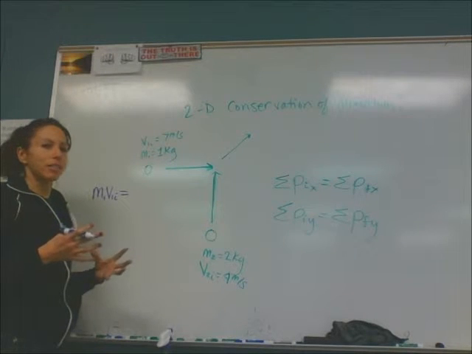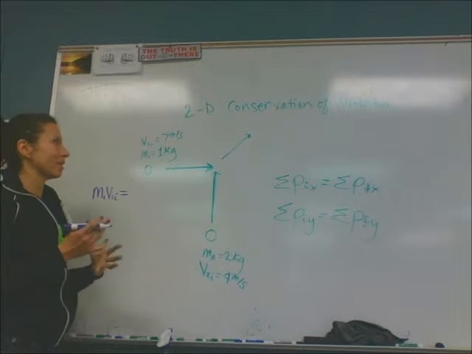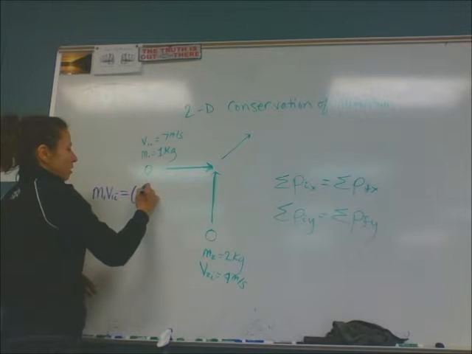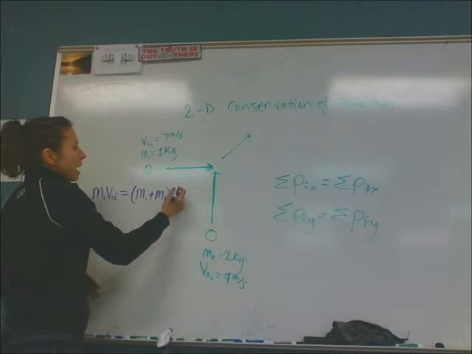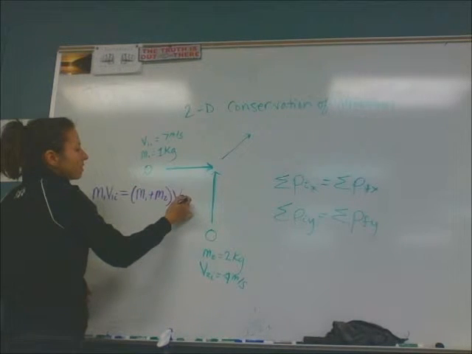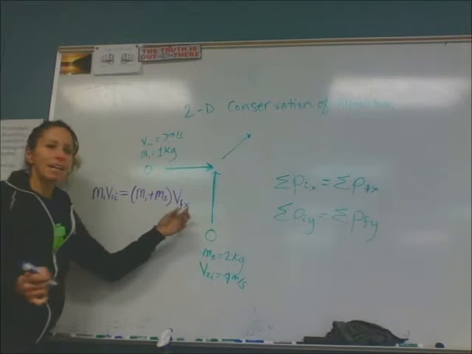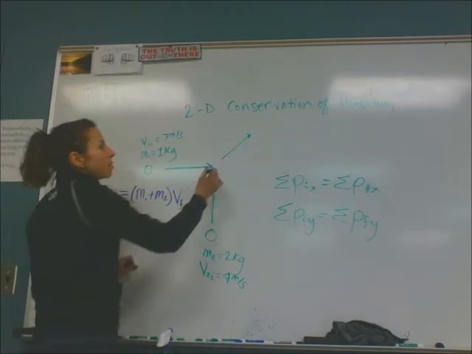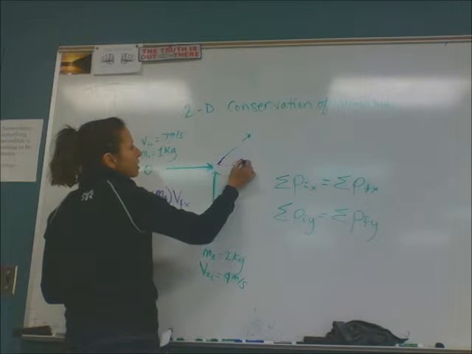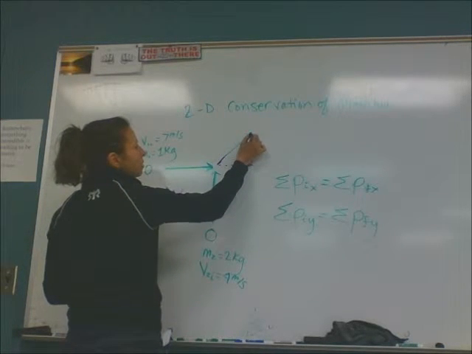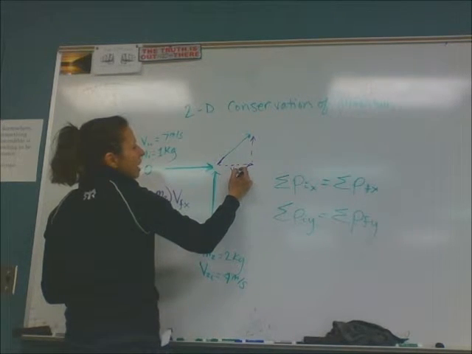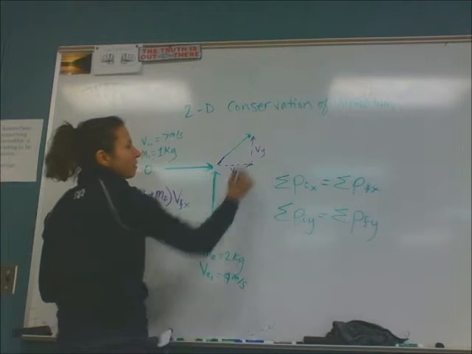And then there's going to be some final velocity, but we're only finding the x component of that final velocity, right? This is my vx final and my vy final. If I'm using conservation of momentum in the x direction, then the only part I can find is the x component of that velocity.